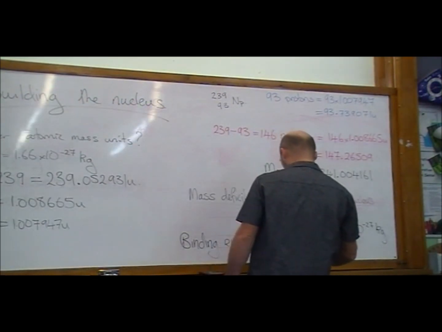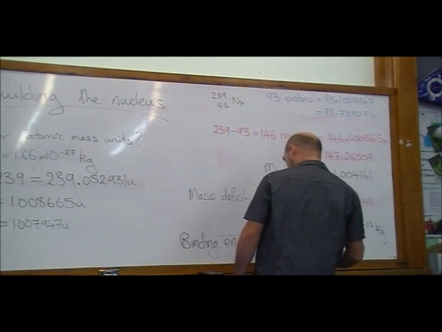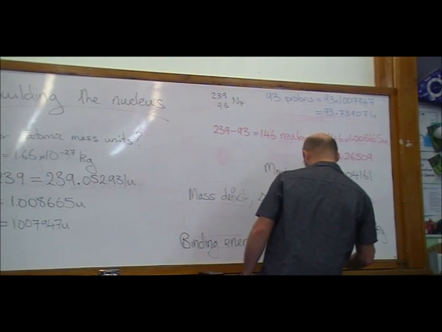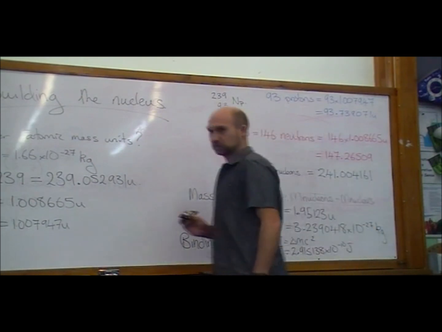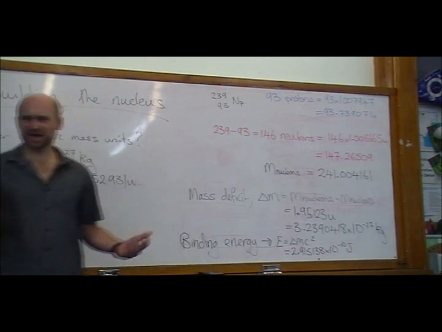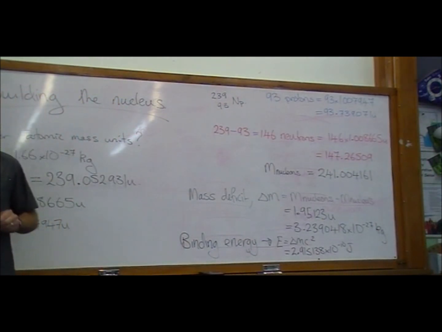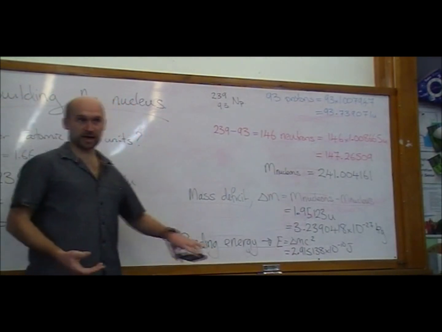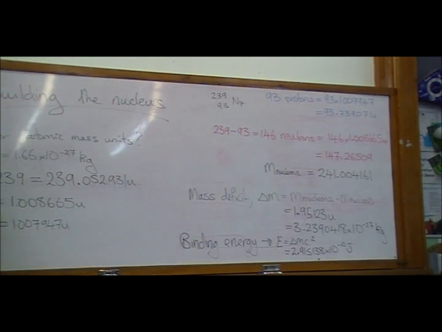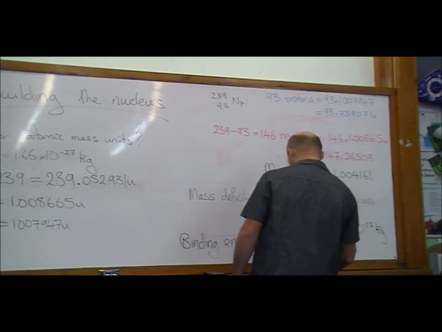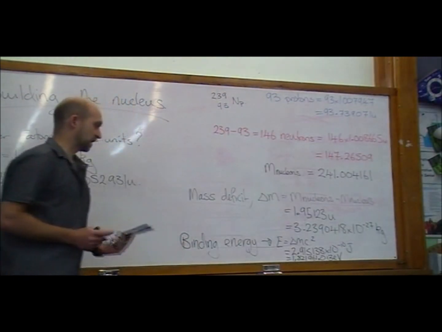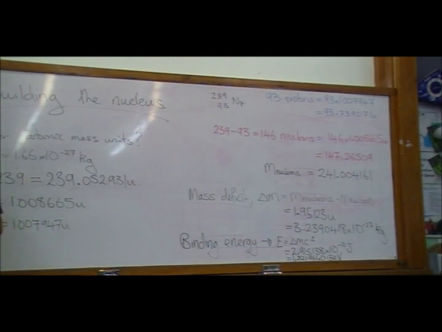And we get 2.915138 times 10 negative 10 joules, which doesn't sound like very much, but then remember we're used to comparing energies in electron volts, so let's convert that over to electron volts by dividing by 1.6 times 10 to the negative 19, the charge of an electron, and we get lots and lots of electron volts.